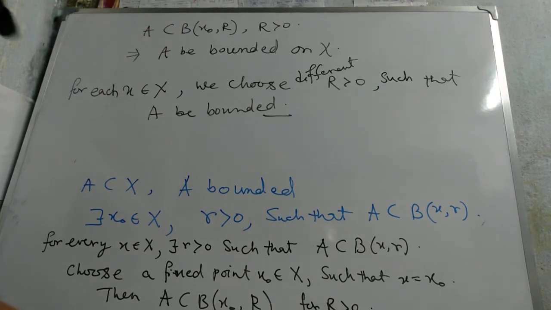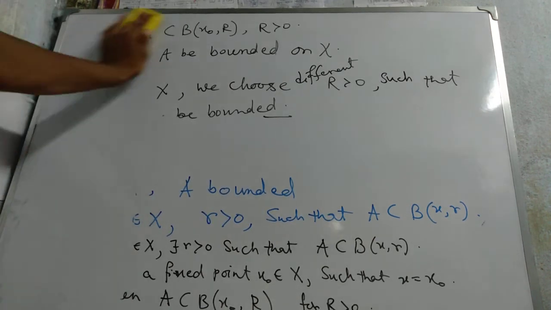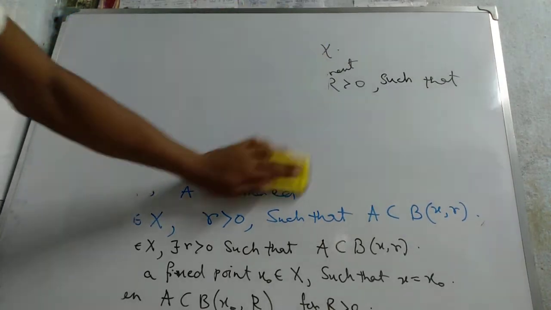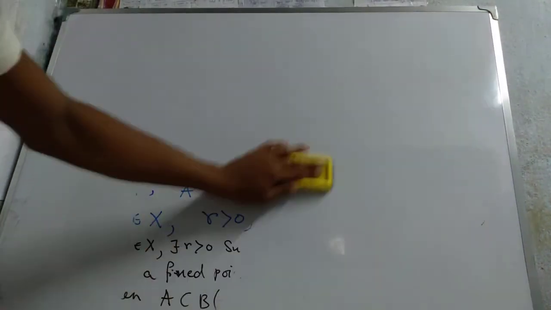Next we go to another one. Another one is: the union of a finite number of bounded sets in a metric space is bounded. We write this problem first, then we solve this.